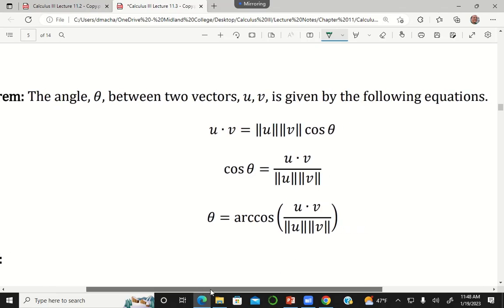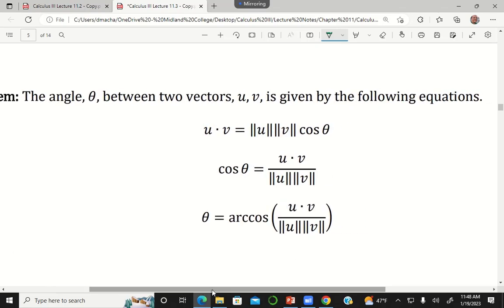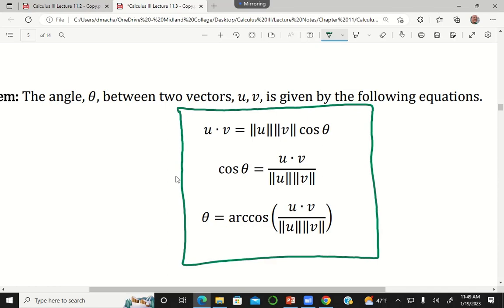Then this formula is going to be really, really important as you try to work your homework for section 11.3. And this formula is one that you really, really need to have memorized for your exam next week, and for every exam and for the final exam. Okay, so make sure you have at least one of these memorized. Your textbook only shows you the middle version, but you absolutely must memorize this.